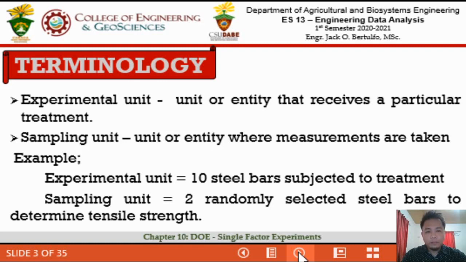For example, if we have an experimental unit of 10 steel bars, and we want to measure the tensile strength, we randomly pick 2 steel bars to determine the tensile strength. Then the 2 is called the sampling unit.